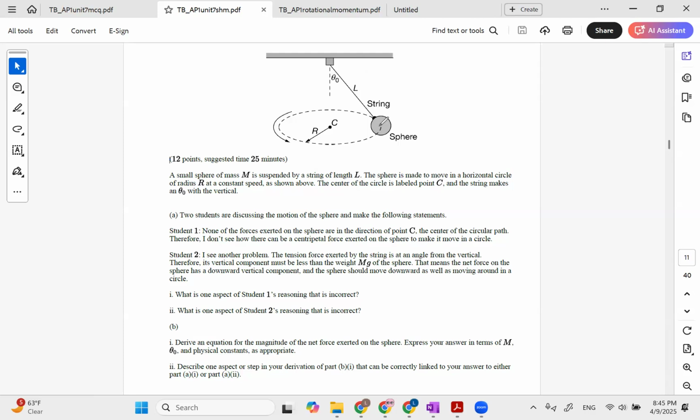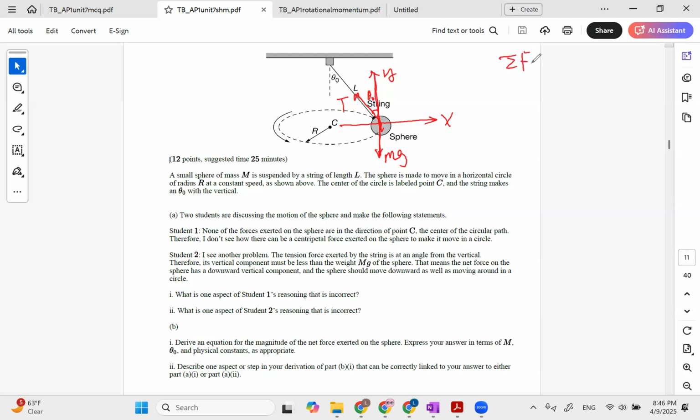I'll put it here. You have mg going down. You have tension going in a slanted direction, right? This is x. This is y, right? That's the tension, and this is theta O, right?